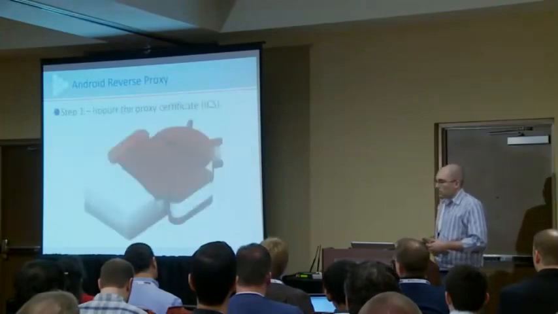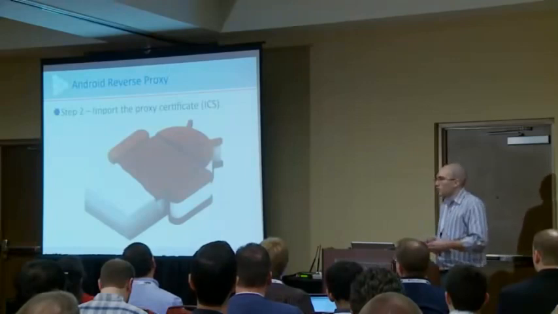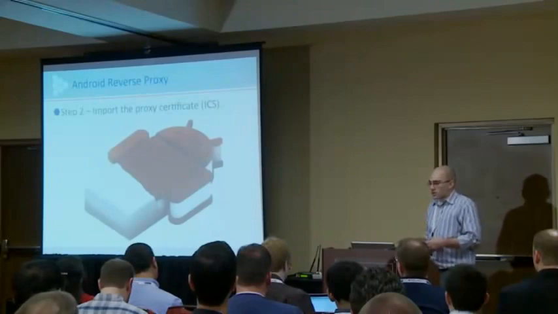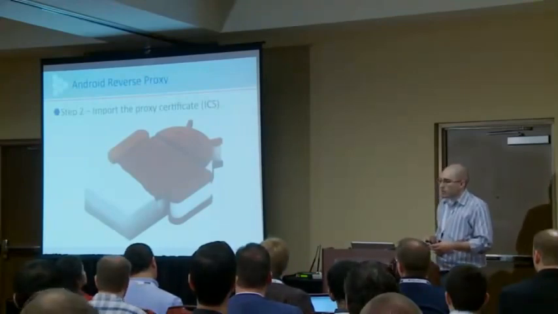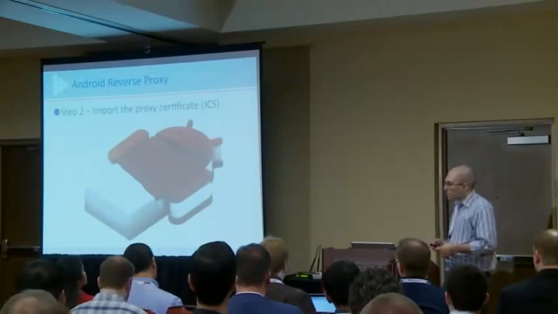And the next step is going to be to import a certificate onto the device if it's an application that uses SSL. And we would recommend using ICS, I think is the latest version of Android in the emulator. It makes it a little easier for importing certificates.